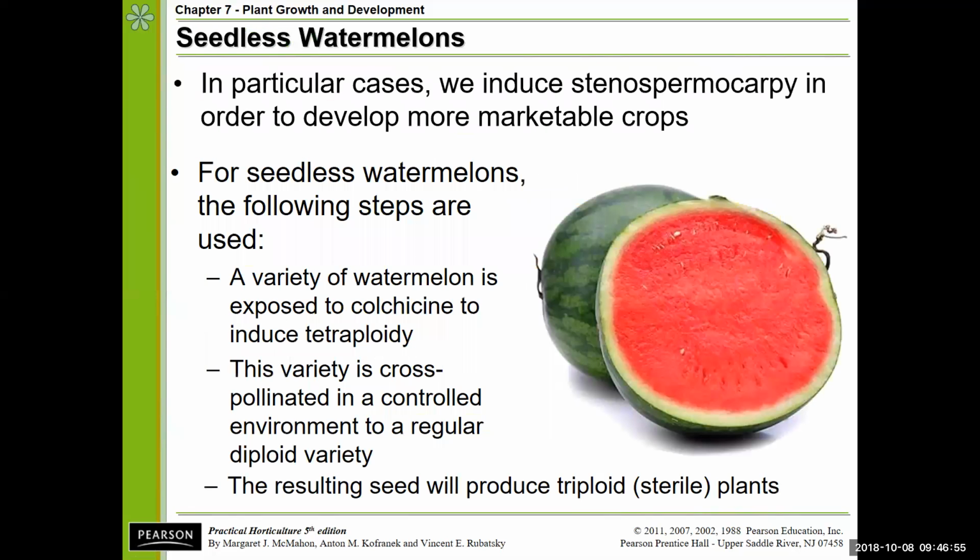And I just want to throw in an example of stenospermocarpy that we intentionally do to make a more marketable crop. I'm sure everyone's eaten watermelon with seeds and without seeds.